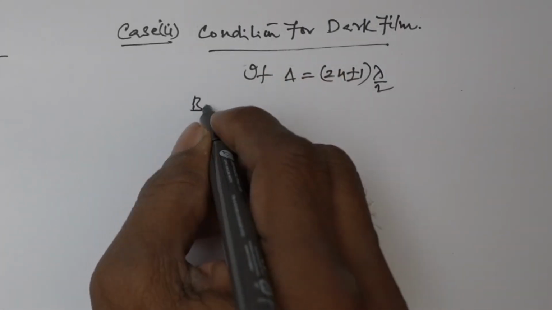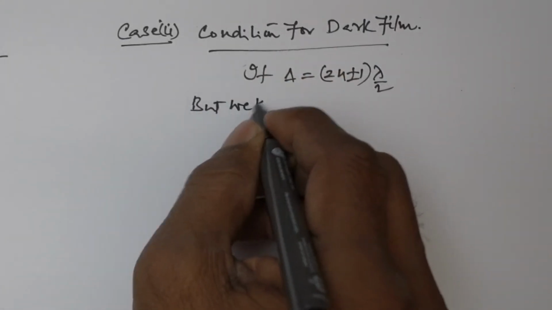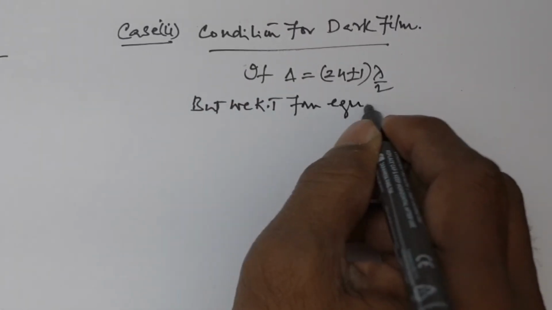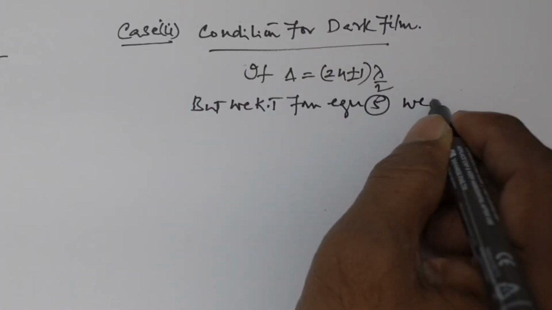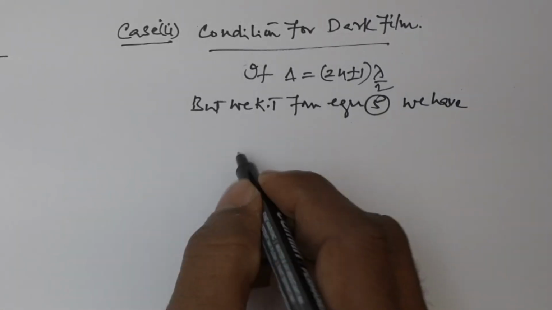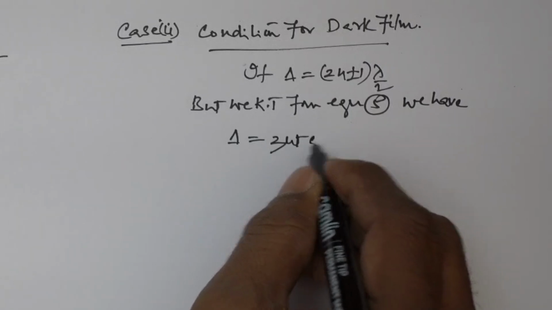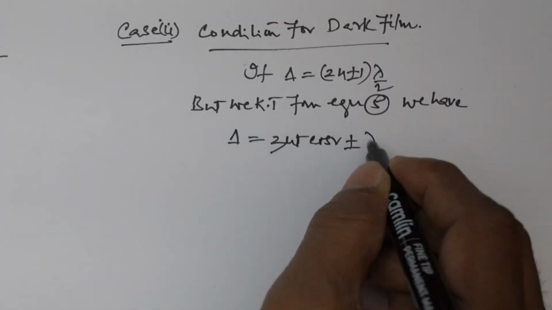But we know that from equation 5, like the first case, delta is equal to 2 mu t cos r plus or minus lambda by 2.